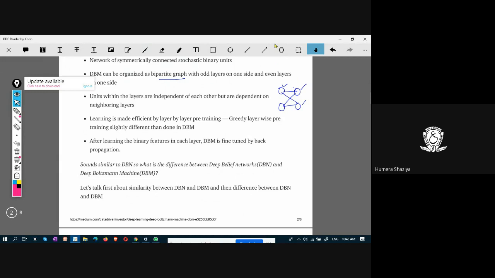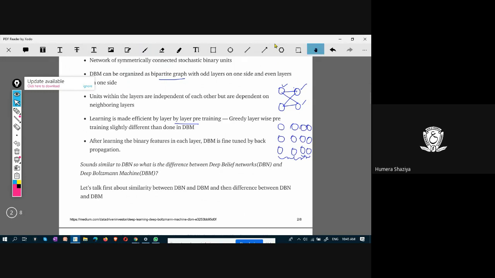Learning is made efficient by layer pre-training. Here, how is learning performed in DBM? DBM has got multiple hidden layers. The learning can be made efficient by pre-training this network layer by layer. You train this, and then this.